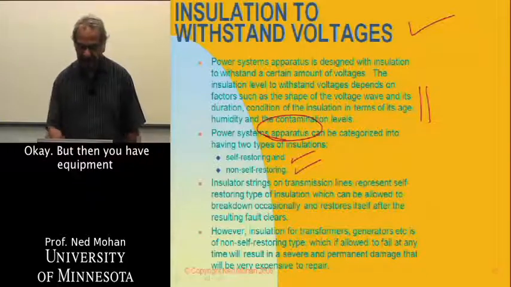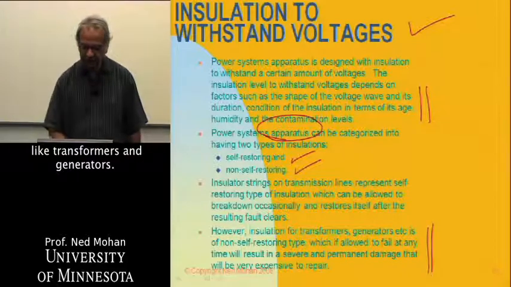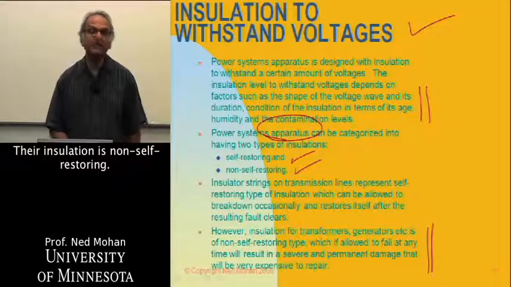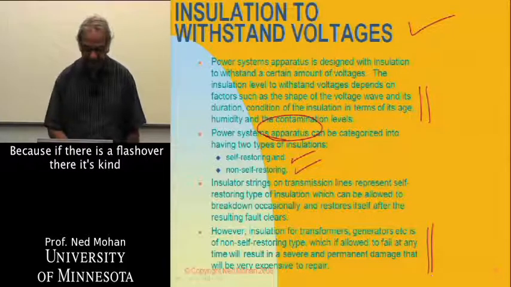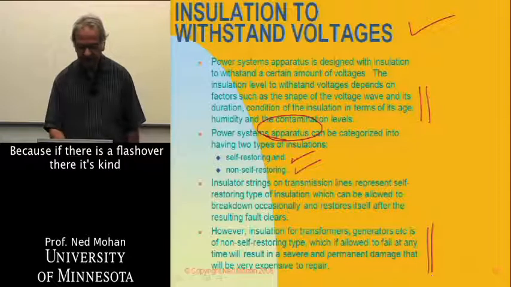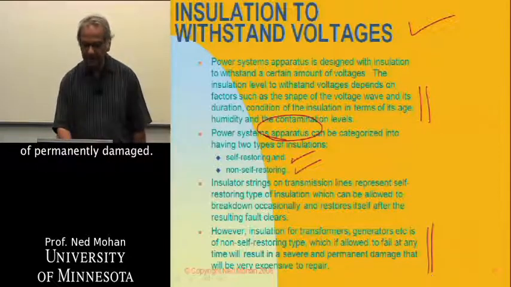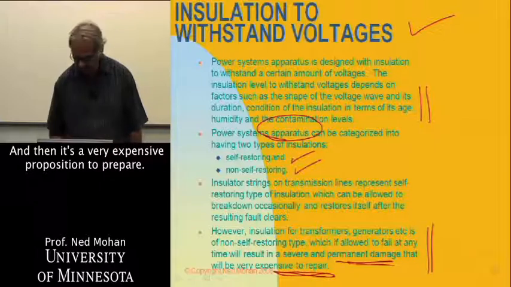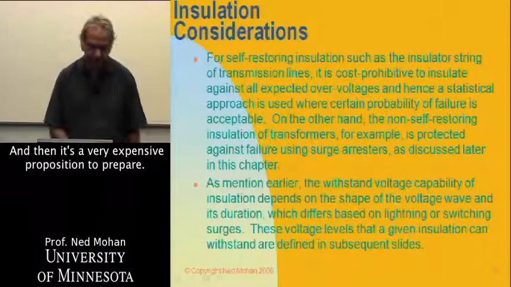But then you have equipment like transformers and generators. Their insulation is non-self-restoring, because if there is a flashover there, then it's permanently damaged, and it's a very expensive proposition to repair it.